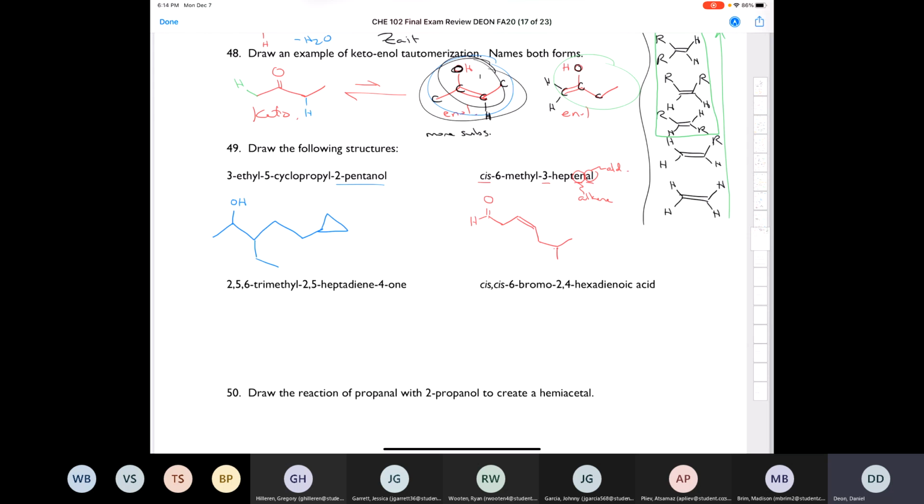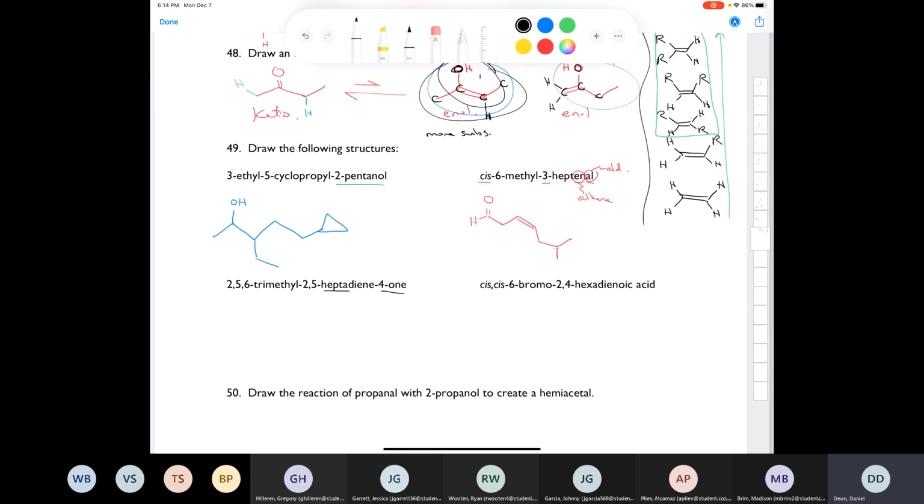Okay, what's next here? We've got 2,5,6-trimethyl-2,5-heptadien-4-one. Again, this is a bifunctional compound. So look, we've got 7 carbons with a ketone at carbon number 4. So 1, 2, 3, 4, 5, 6, 7. At carbon number 4, we've got a ketone.